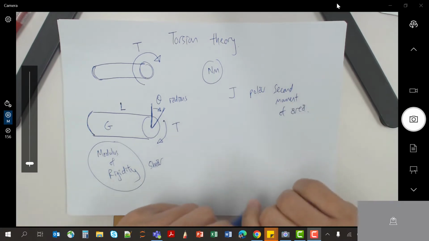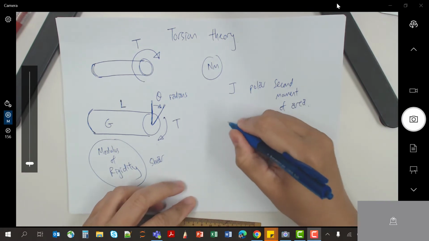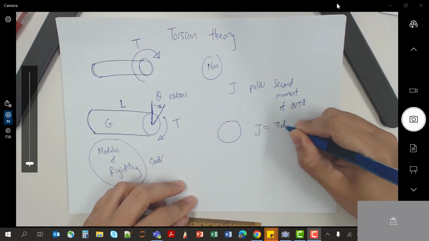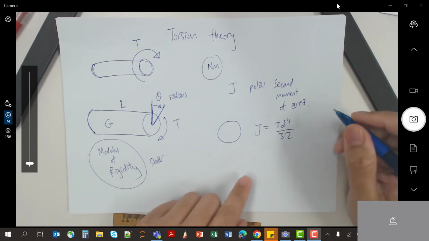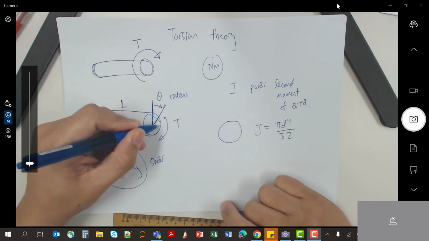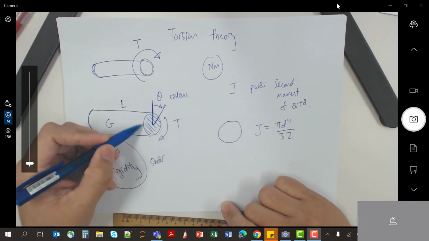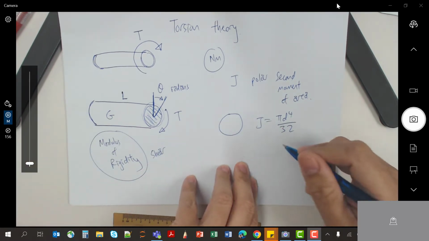For a circle, the formula for J is pi d to the power of 4 over 32. Of course, this would be the area that you're looking at.